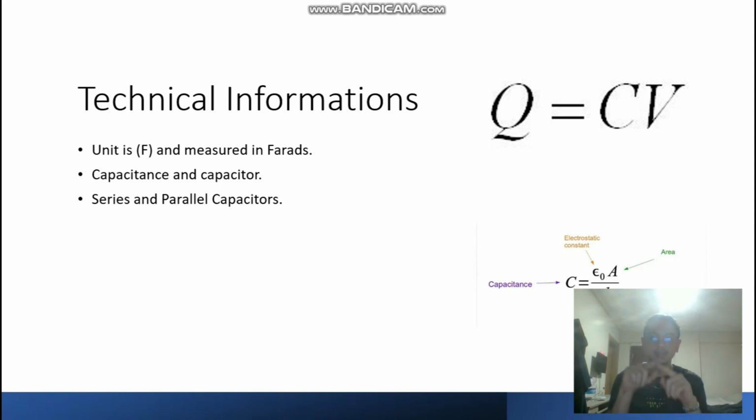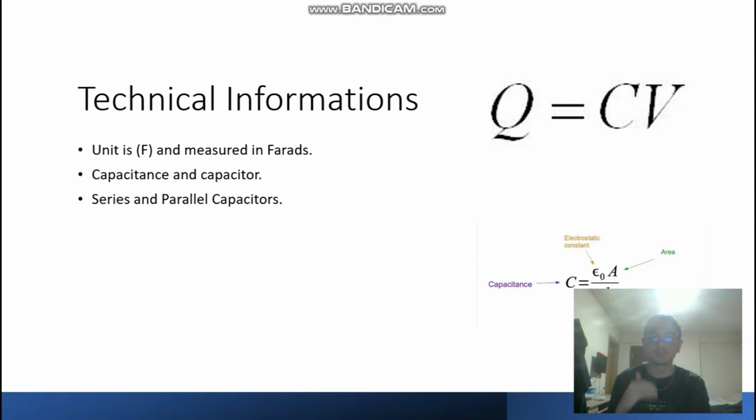I mean the plates. I said a capacitor has two plates, and in the formula at the bottom right, A means the area of those plates, and the electrostatic constant, which is E0, refers to the insulator.